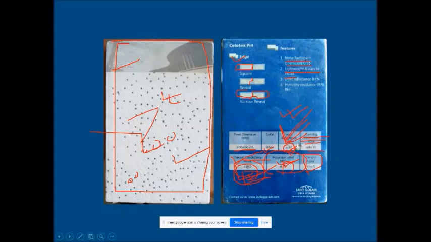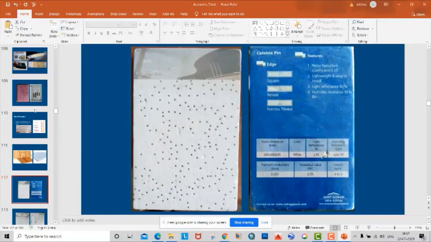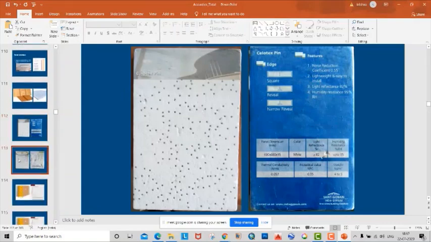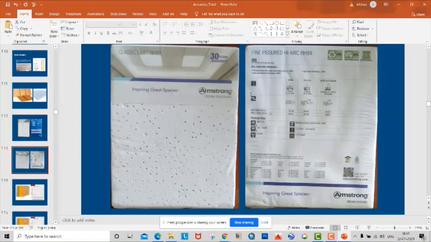So try to understand this detailed product description, and you have visited also, you have some samples, so try to get the information and understand the terminology mentioned on this product. Again, we have gypsum board and various fixing details have been given.